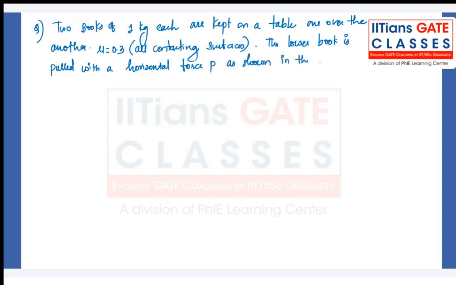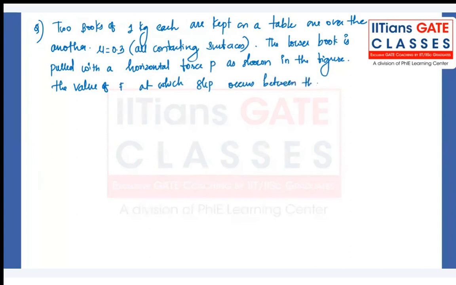The value of F at which slip occurs between the two books is.